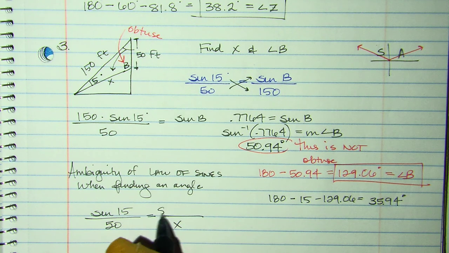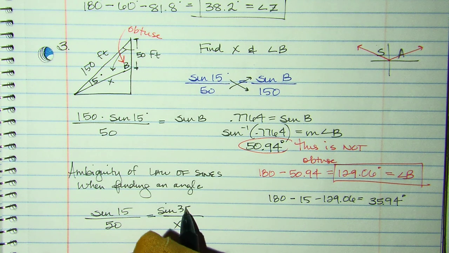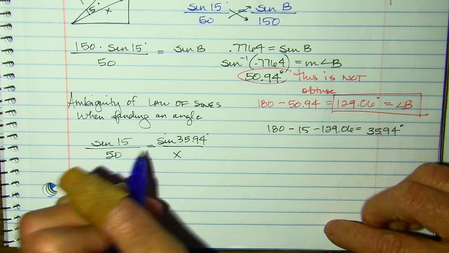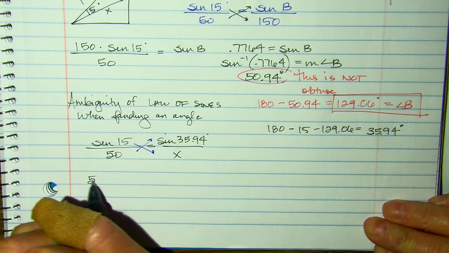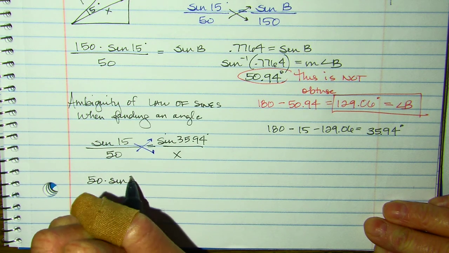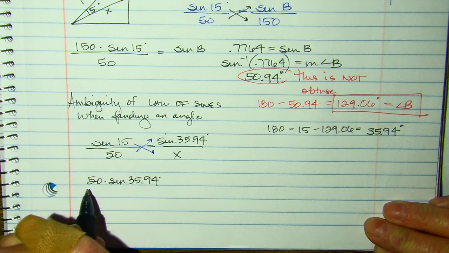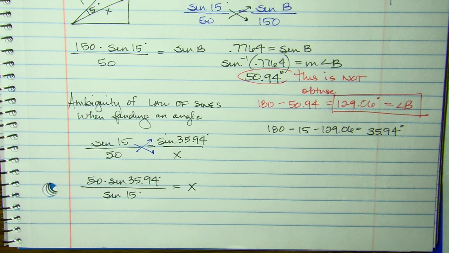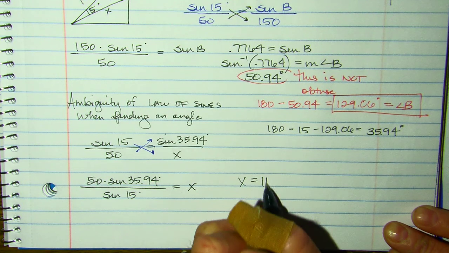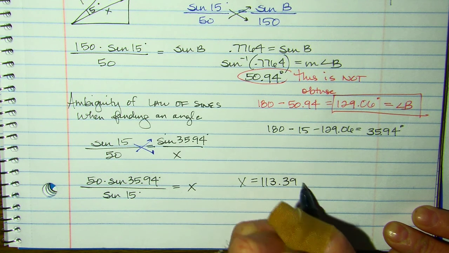So the sine of 35.94 degrees, we're going to cross multiply. So 50 times the sine of 35.94 degrees over the sine of 15 degrees equals x. So 50 times the sine of 35.94 divided by the sine of 15, I get that x equals 113.39 feet.